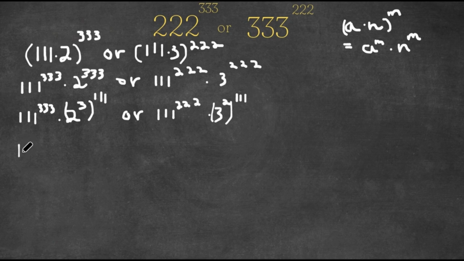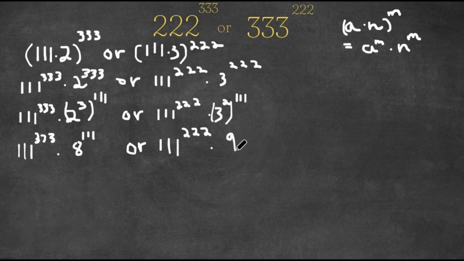Now we're going to have 111 to the power of 333 times 8, because 2 to the power of 3 is 8, to the power of 111, or 111 to the power of 222 times 9, because 3 squared is 9, to the power of 111.